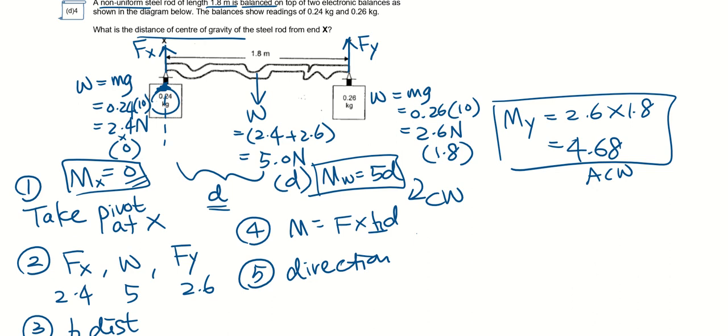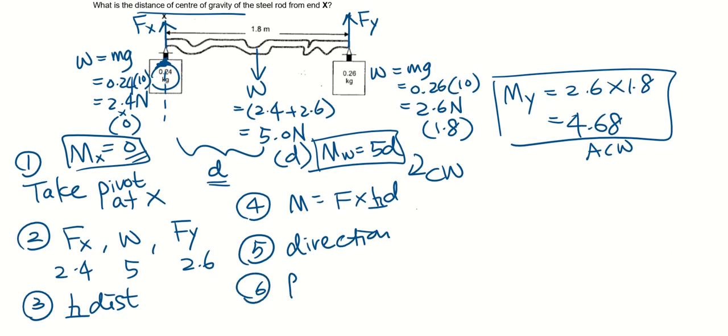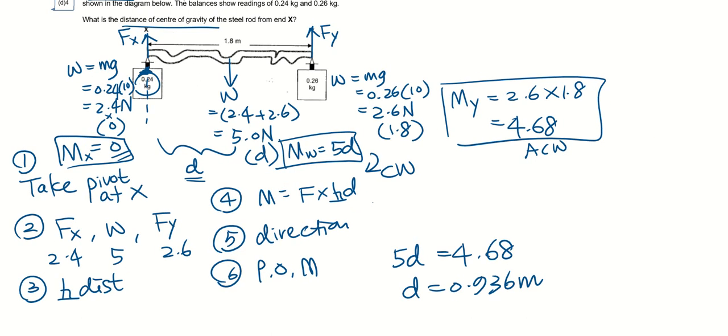I just explained how to use the pen to find the direction. Step 6, we apply the principle of moments, which is sum of clockwise equals sum of anti-clockwise. So 5d equals 4.68. Therefore, d will be 0.936 meters.